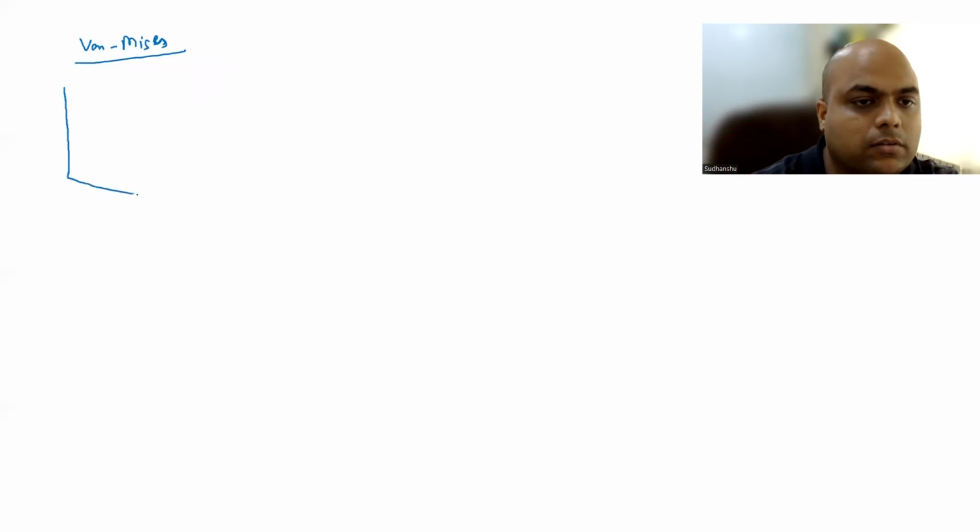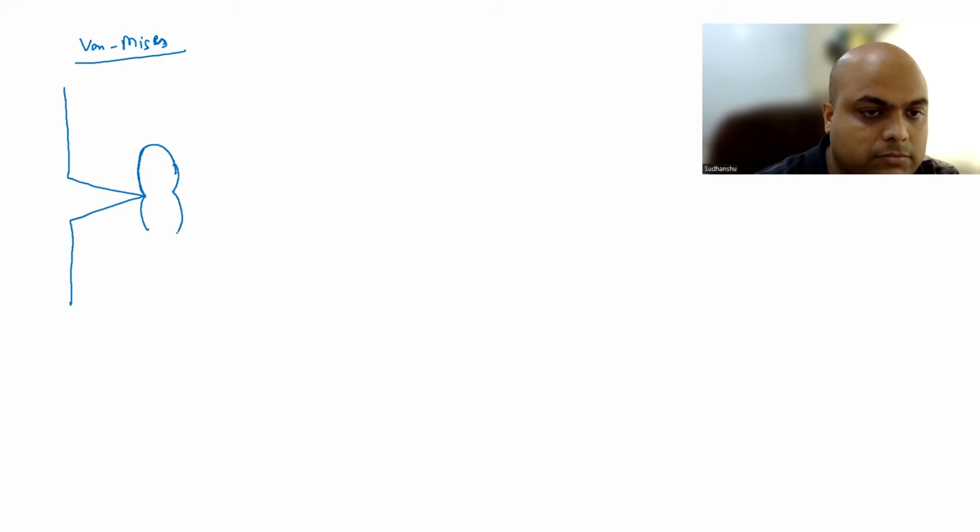So if you use von Mises, your plastic zone shape is going to be something like this. Okay, it's like a dumbbell. Okay, and then that is in plane strain, and in plane stress it is going to be larger. We know that.